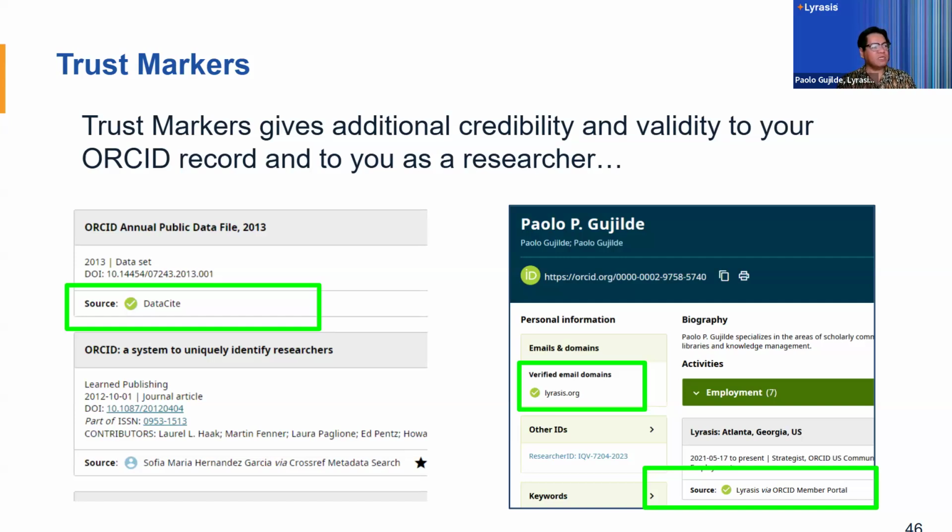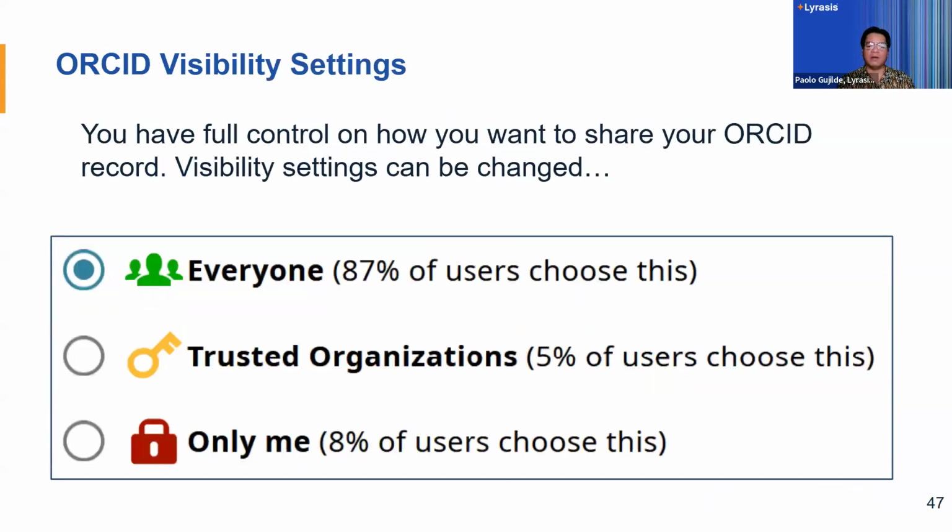On the next slide, we're going to talk a little bit more about the visibility settings. I have mentioned earlier that you as a researcher, or the ORCID user, have full control of your ORCID record, and that includes the visibility settings of your ORCID record. You can control the entire ORCID record itself, or you can do it individually.